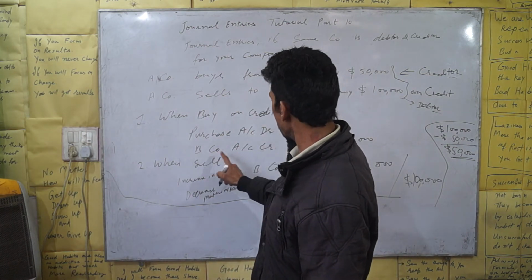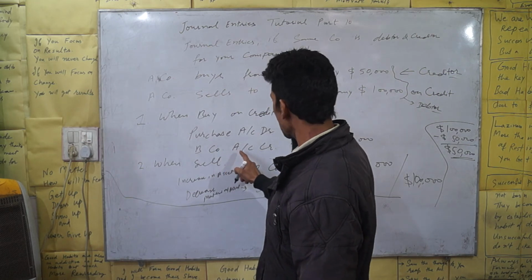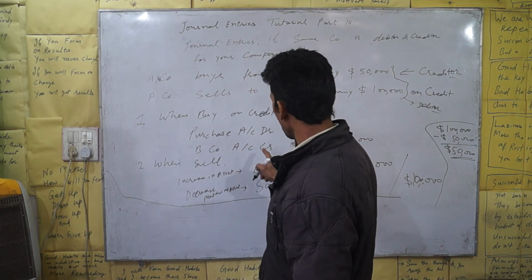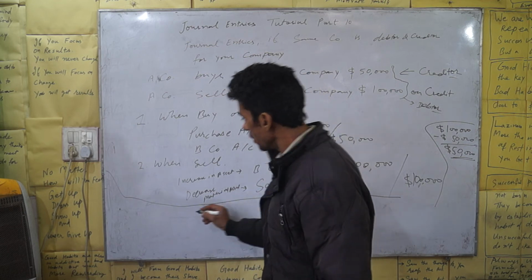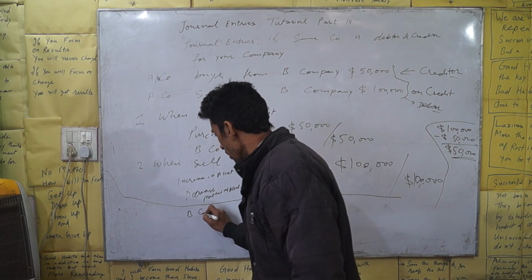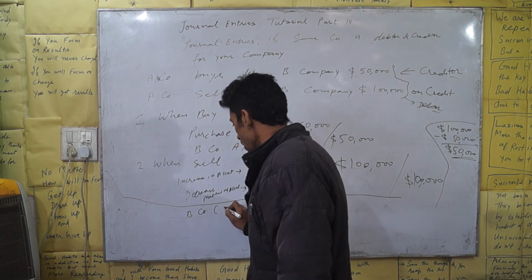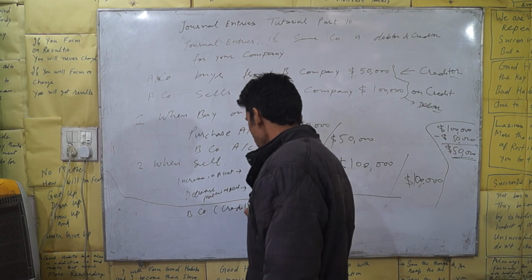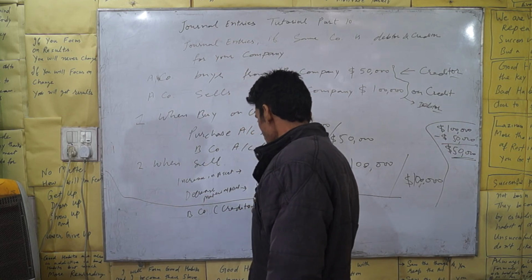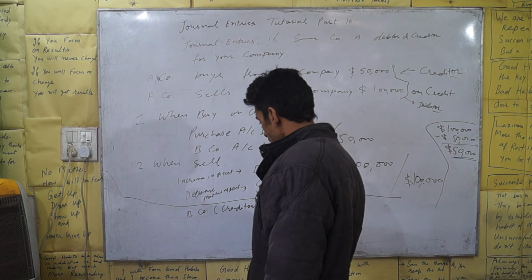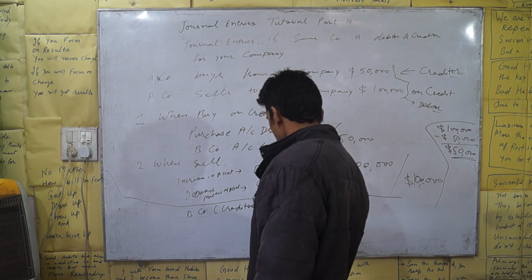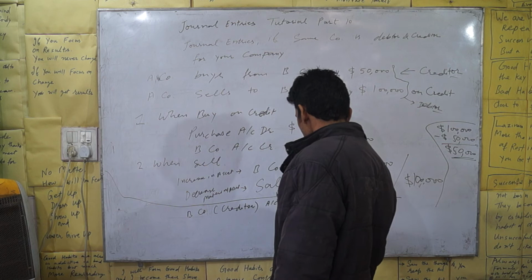This is an entry. We have to pay. So B company, this is a creditor. Account debit 50,000.